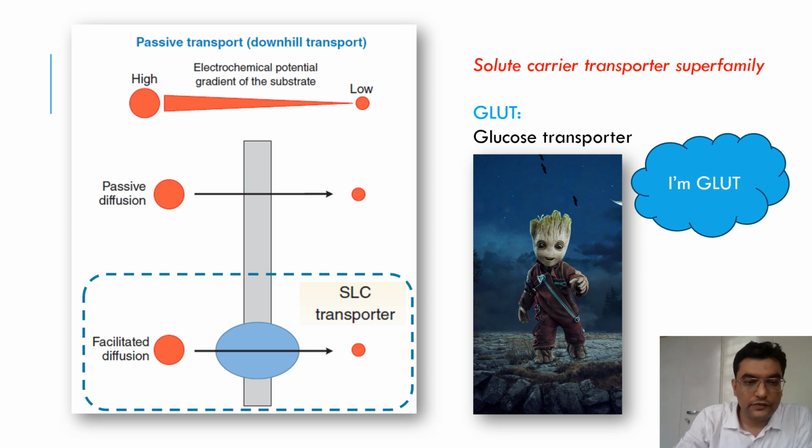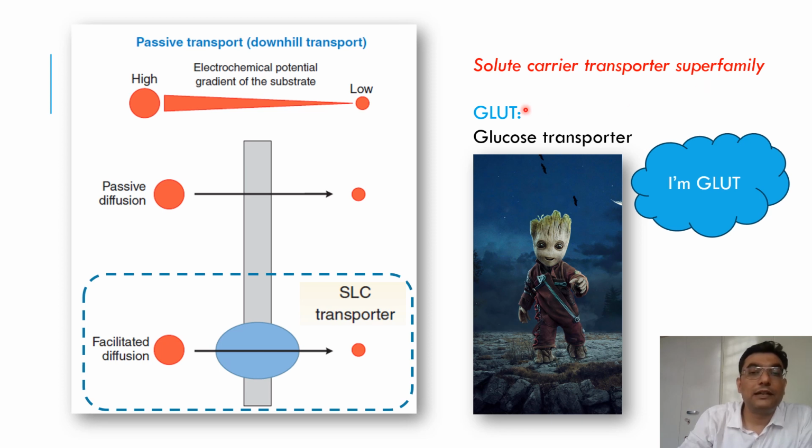Now we know that facilitated diffusion is from the higher concentration to the lower concentration with the help of carrier protein. One important example of these carrier proteins is the SLC transporter, or solute carrier transporter. It is a family, known as the solute carrier transporter superfamily.